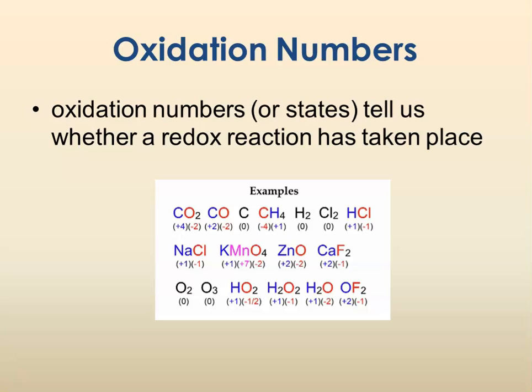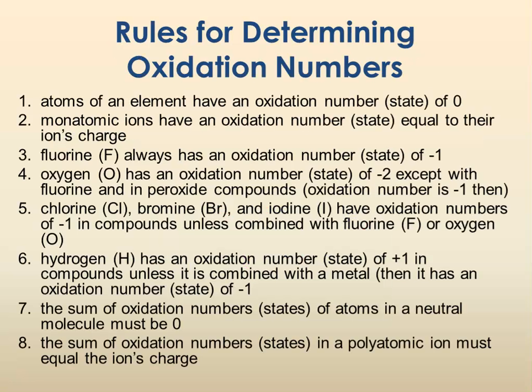So we can use oxidation numbers, which is a fancy way to describe charge, to determine whether a redox reaction has occurred. With our ionic compounds, it's pretty straightforward. With the molecular compounds, we have to think about it a little bit more in terms of electronegativity. So we have some rules that we always follow to determine oxidation numbers, and they're pretty straightforward. When you have an element that's by itself, and that's the only element that's there, it's monatomic, it has an oxidation number of 0.